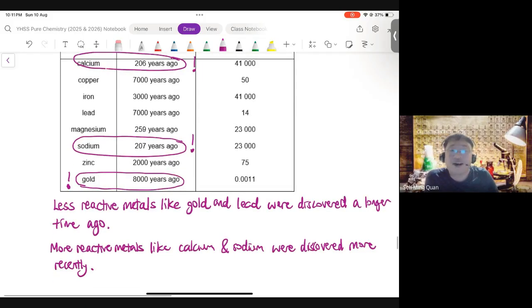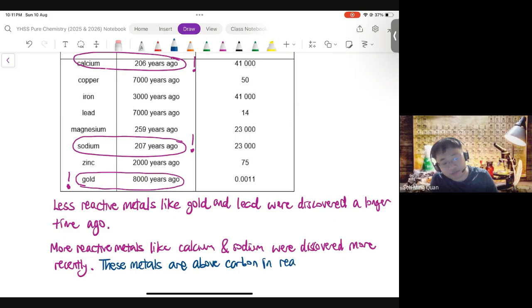All right. Now let's try to use some understanding to explain why more reactive metals like calcium and sodium were discovered more recently. So what did we just learn about more reactive metals? So these metals like calcium and sodium, they are above carbon in the reactivity series.